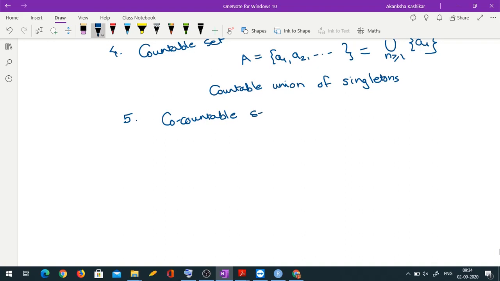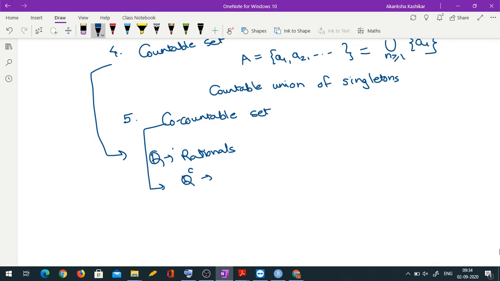We have defined co-countable, right? A set whose complement is countable would be a Borel set. So by this logic, by number 4, my set of rational numbers would be a Borel set, and by number 5, because Q is a Borel set, Q complement has to be in the same sigma field. So Q complement, that is the set of irrationals, would also be a Borel set.